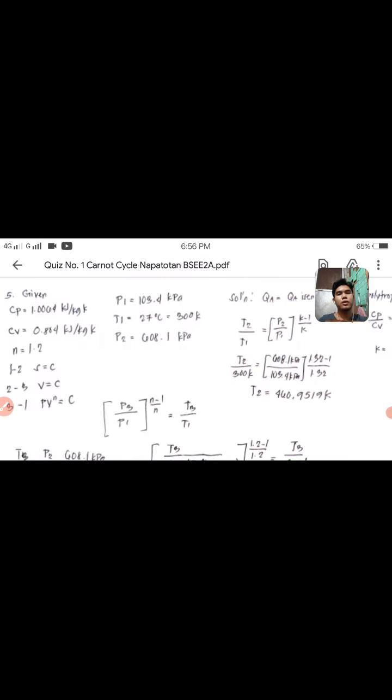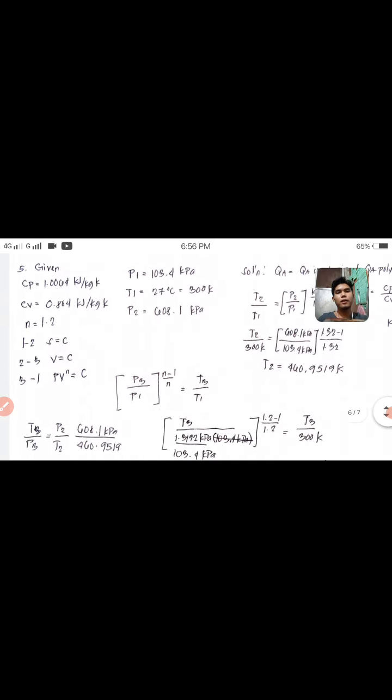A constant volume process in state 1, 3 and a polytropic 3 to 1 with n equal to 1.2 complete the cycle. Circulation is a steady rate of 0.905 kilogram per second. So compute for QA, work, efficiency, and the pressure mean. So let's go to my solution.